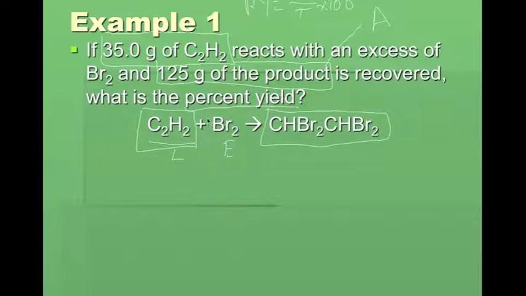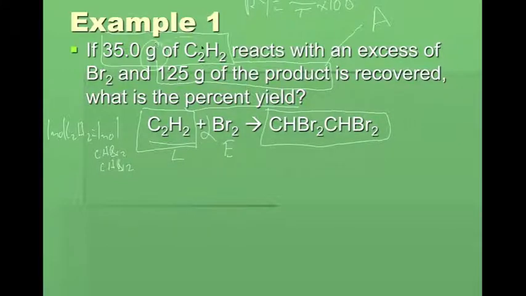We check that the equation is balanced, and it would be if we put a 2 right there. We write down our mole ratio: 1 mole of C2H2 equals 1 mole of the product. That's our mole ratio.